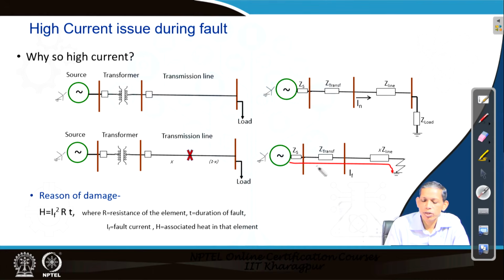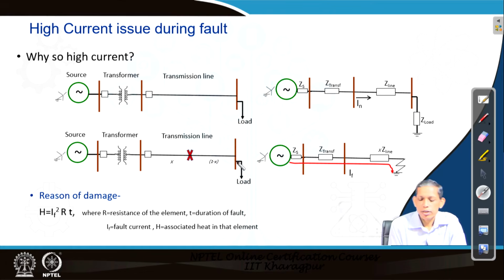The impedance of this path is much smaller than in the earlier case, where the normal current flows. So this I f becomes several times that of I n, and that leads to the large current issue in case of the fault.